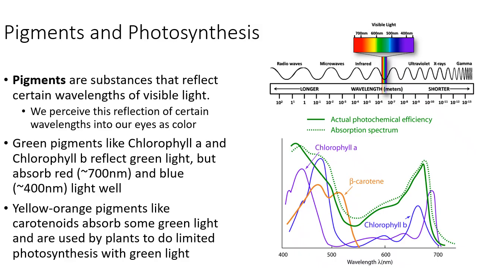Talking a little bit more about pigments and photosynthesis, I think it's really important to understand how the electromagnetic spectrum is related to photosynthesis. So at the top, in the top corner, I've got an image or a model of the electromagnetic spectrum, and really, the electromagnetic spectrum is just all of the different types of radiation that can exist.